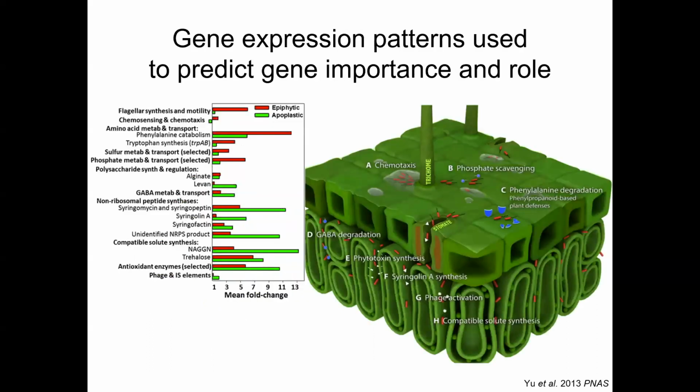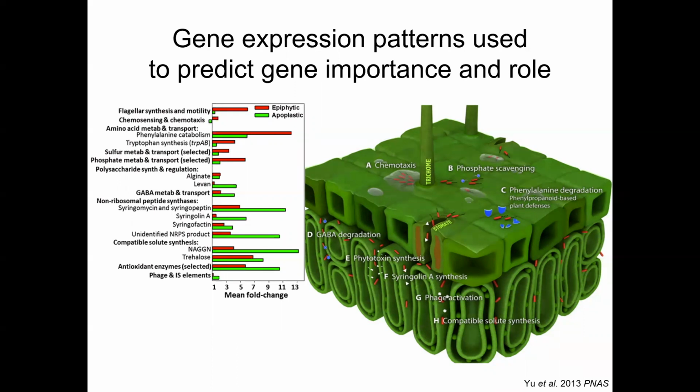So how can researchers identify what genes out of many are important in a given condition? One strategy is to use gene expression and gene induction as an indicator of presumably important genes due to their active transcription in one or more conditions. So with this example study in B728A, they identified functional categories of important genes for growth on the leaf surface and in the apoplast.